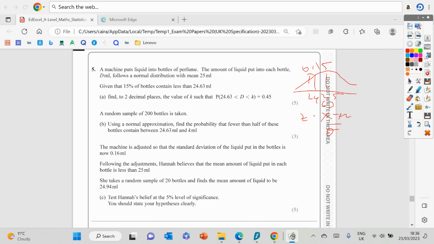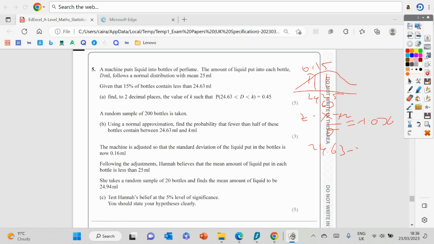So we're actually going to do the inverse normal to find what our area is, because we're told it's 0.15, aren't we? Our sigma is going to be 1 and mu is going to be 0, so we get minus 1.036. So then we can do the coding on it.